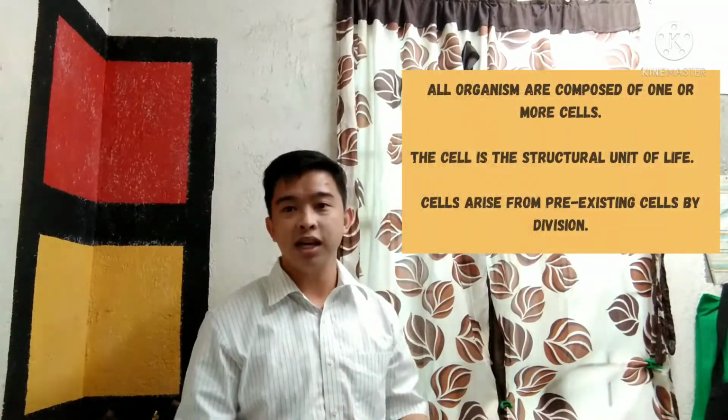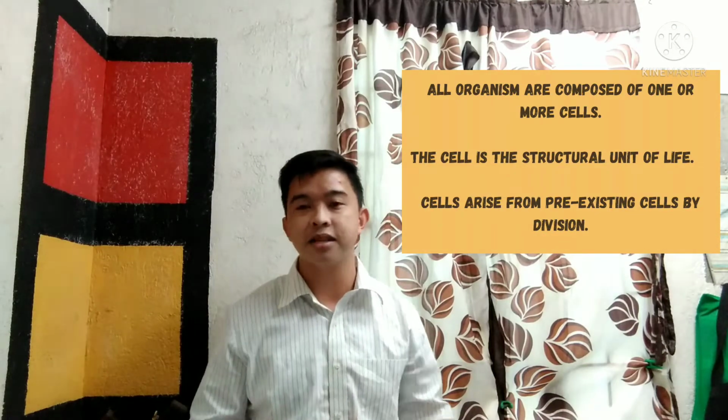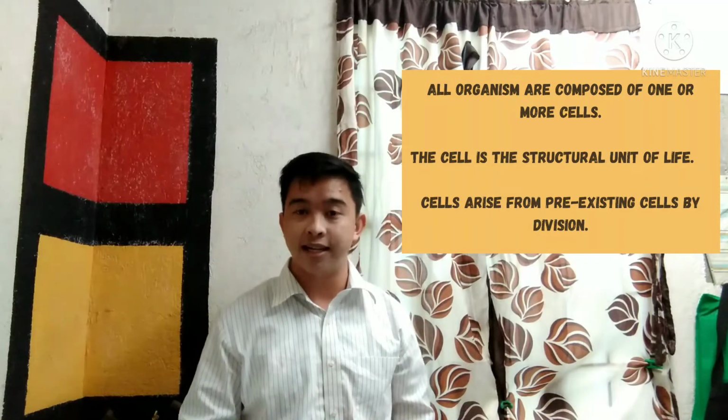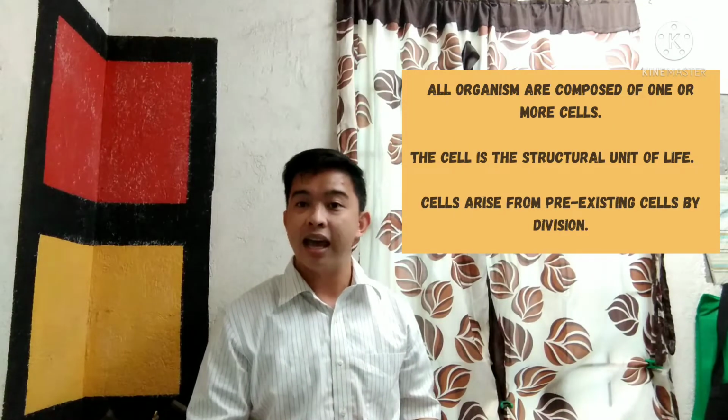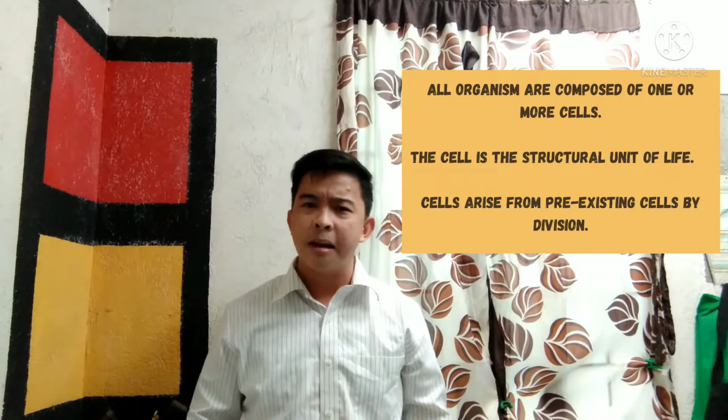For a simpler version, the cell theory states that all organisms are composed of one or more cells. The cell is the structural unit of life, and cells arise from pre-existing cells by division. But how can we picture what cells are? Here comes the microscope invented by Anthony Leeuwenhoek.